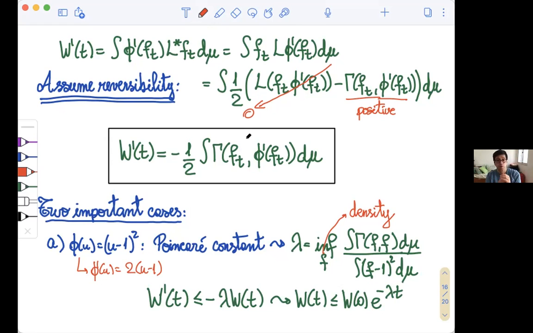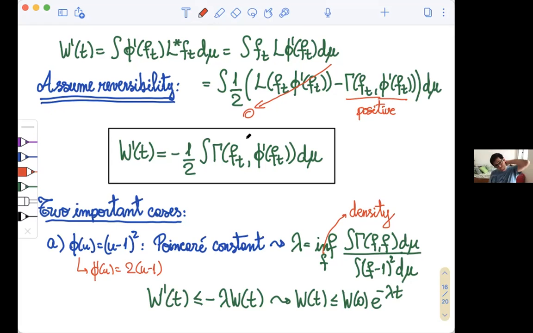This is what people usually say about this identity. Notice that this is an identity. It holds for any finite state Markov chain, well, it has to be reversible, which is something we assume. So it's true for any reversible finite state Markov chain.